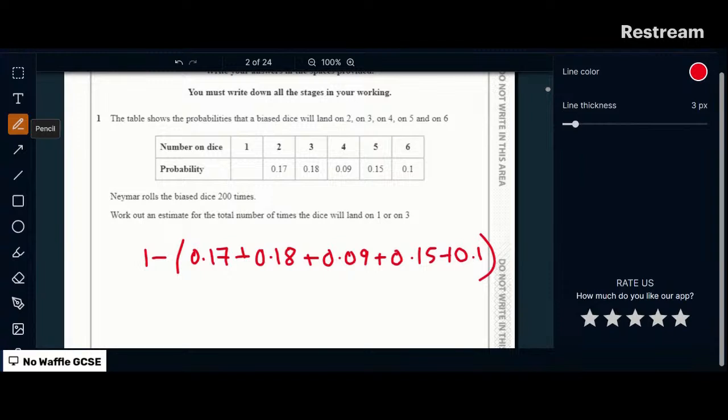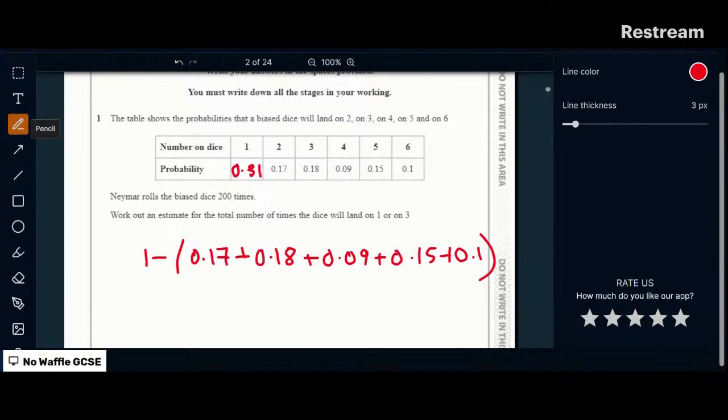By the way, this is the 2018 Edexcel paper 2. You should get 0.31.